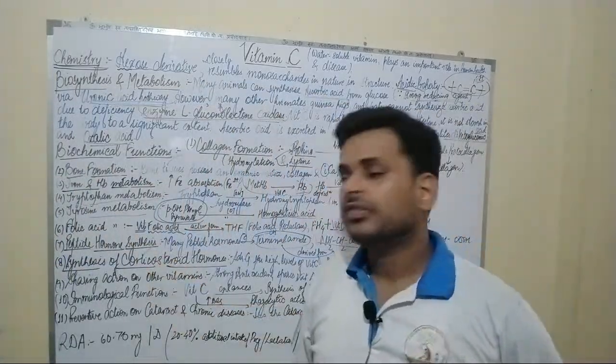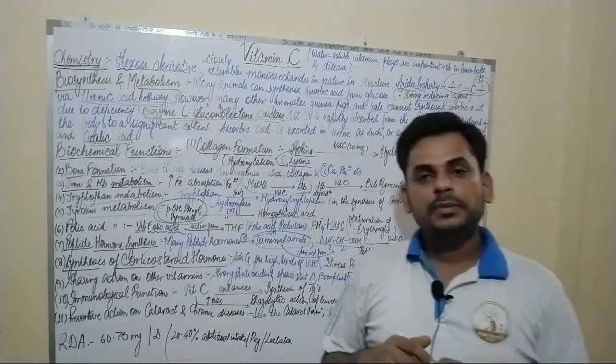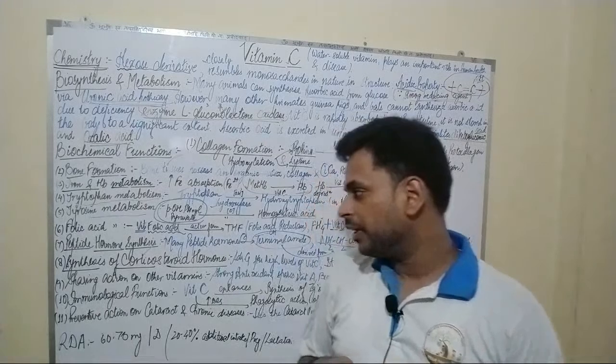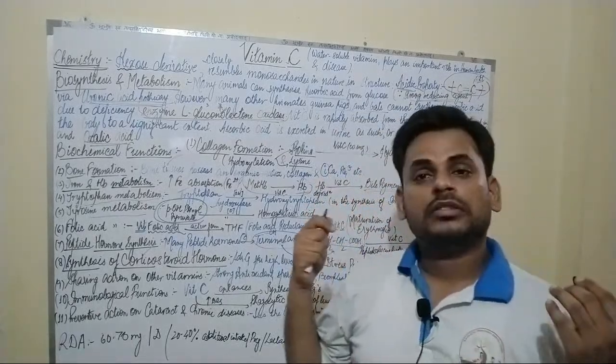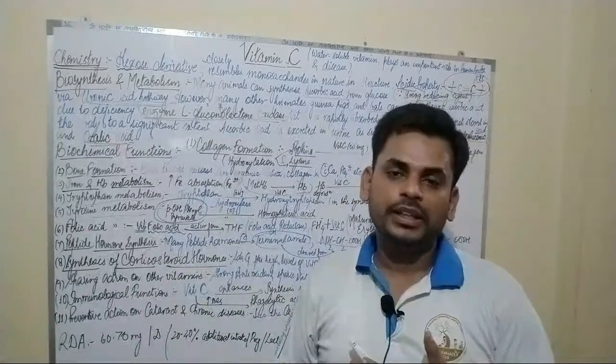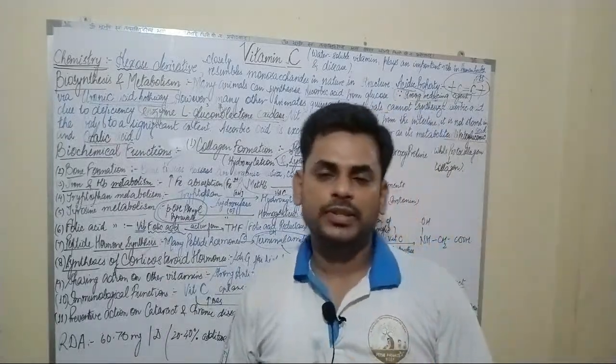Moving on to the synthesis of corticosteroid hormones. The next very important function of vitamin C, which I need to emphasize over here, is that during periods of stress, the adrenal gland of the human body contains large quantities of ascorbic acid.